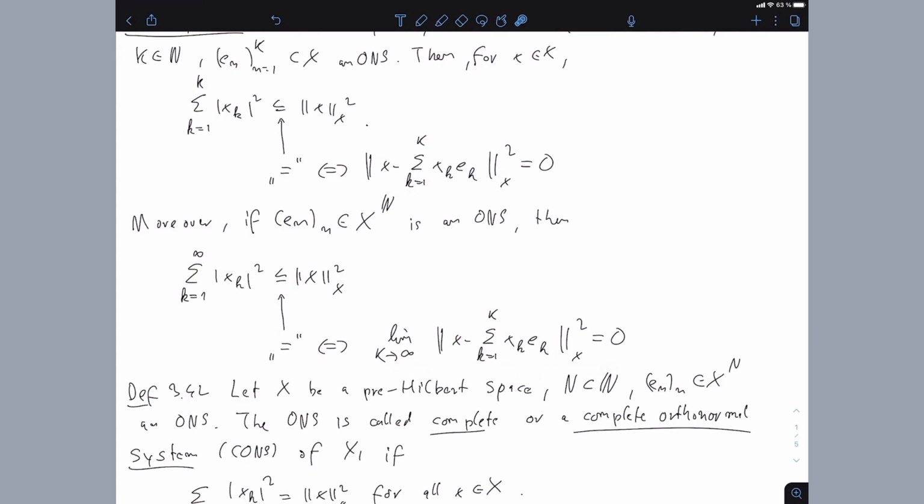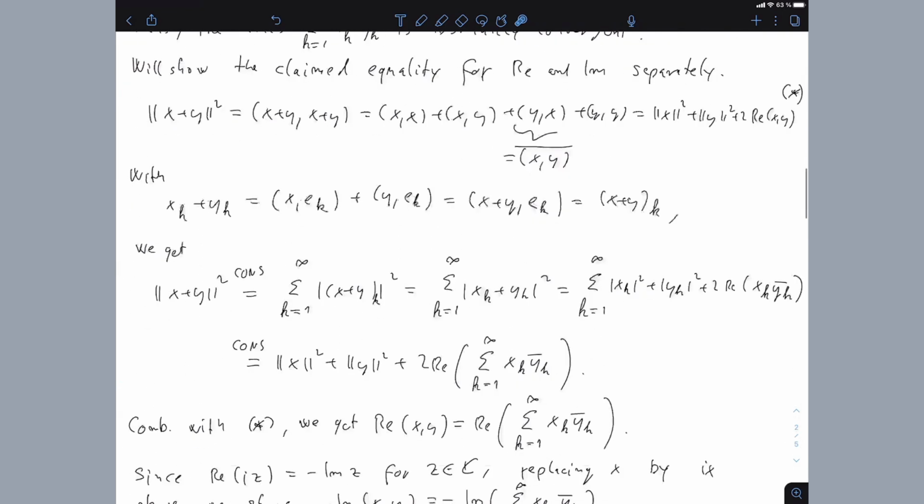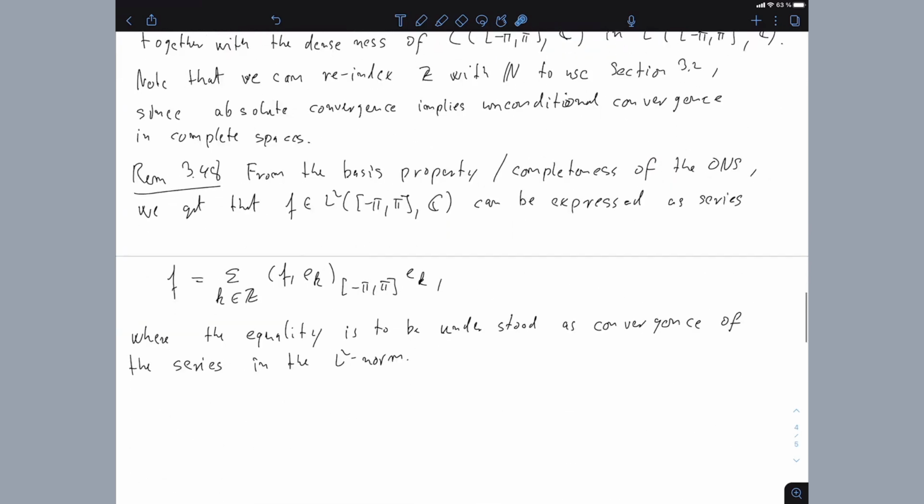So that shows that the series of the orthonormal system elements scaled by the Fourier coefficients converges in the L2 norm to the elements that we're representing. And this is how this equality has to be understood. So this converges to an L2 function, and in the sense of L2 functions, these are the same.